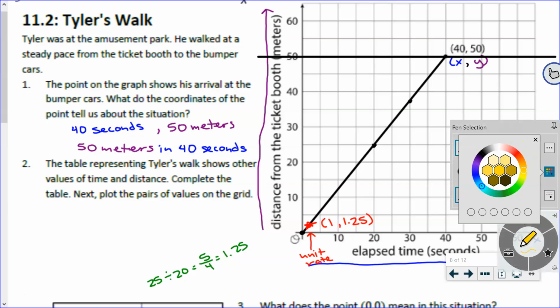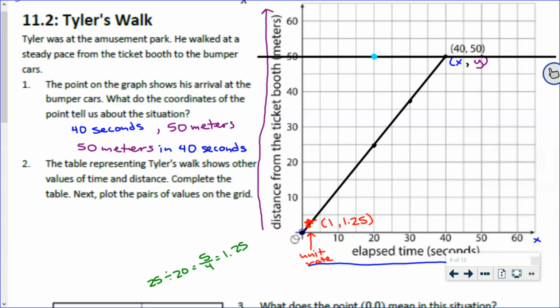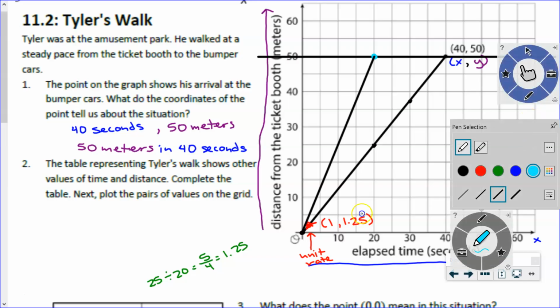Let me switch colors here. So what is that going to look like now? He goes from here up those 50 meters, away 50 meters, but it only took him 20 seconds. Let's compare that to what Berkeley said. She said that would mean everything would have to be doubled.